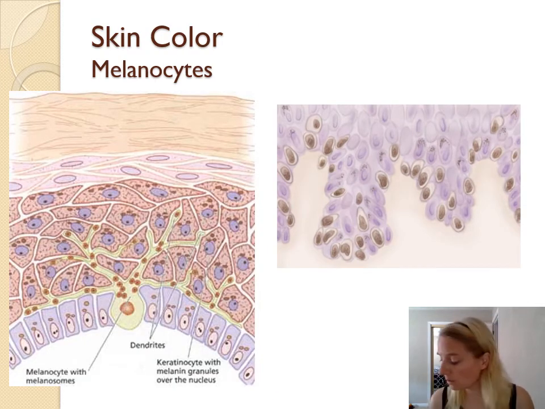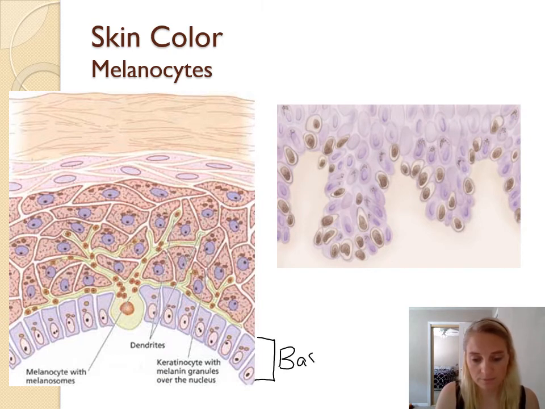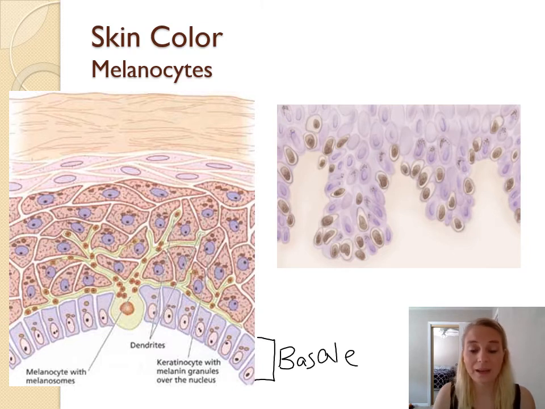Another thing associated with the epidermis is our skin color. There we go. Now down in the basement are the stratum basale. So this is our stratum basale. If I'm going to label these, this is going to be our spinosum.